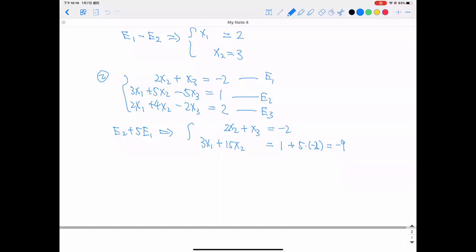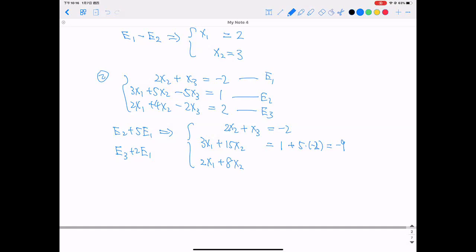Okay. Now let's do this slightly faster. Let's do the next thing. Let's take E3 and add 2 copies of E1 to it. Again, E1 doesn't have an x1, so 2x1 remains the same from E3. Now I take 2 copies of E1, which would give me 4x2, adding to 4x2 from E3, that's 8x2.